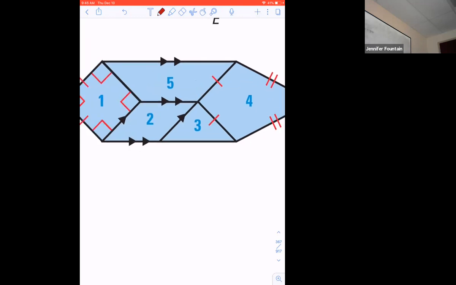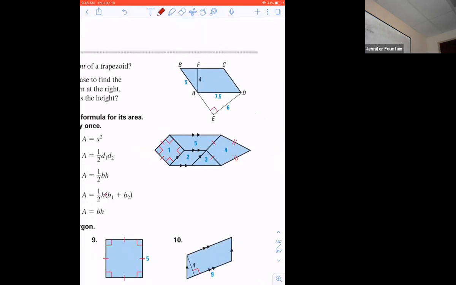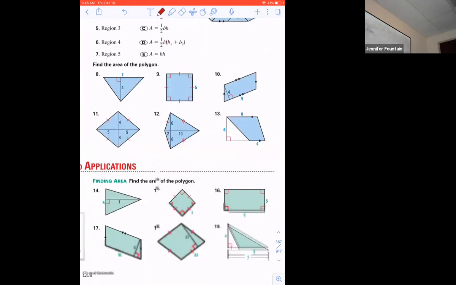Number 5, what kind of shape do I have? Trapezoid. What's my formula for a trapezoid? A equals 1/2 height times base 1 plus base 2. Good. Okay? You need to know those equations.